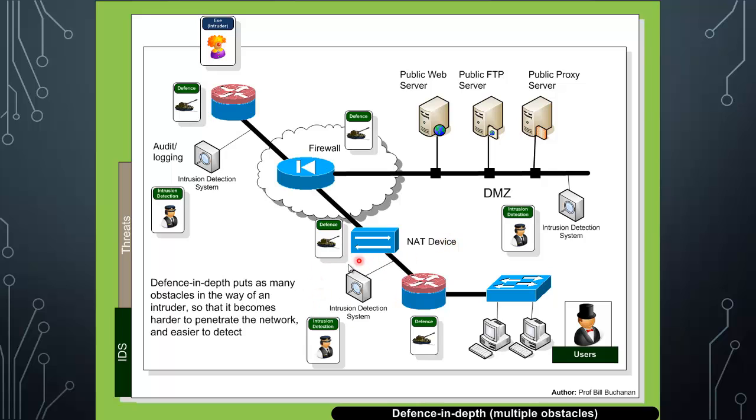This one is possibly looking at insider threats, where we have an IDS system which might trigger on an insider threat. And then we might even have our devices running IDS systems. Here we see a firewall that's also protecting the internal users. Okay, so this shows a whole lot of defense in depth methods: firewalls, NAT devices, IDS, DMZs, and so on.